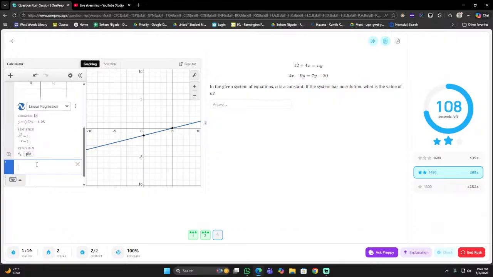0.25 is a slope. We need the slope to be 0.25.